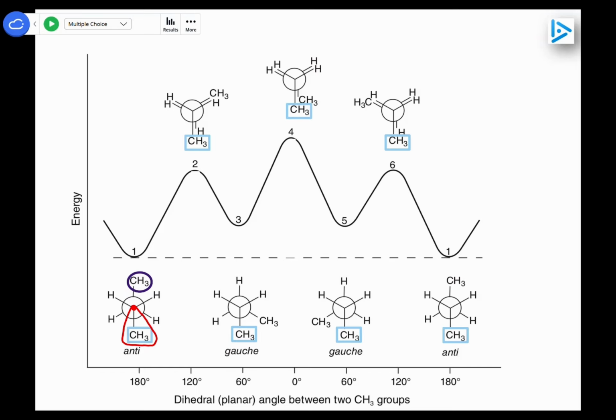So that front carbon has its methyl group pointing down, and the back carbon has its methyl group pointing up. Is this one staggered or eclipsed? Hands up for staggered. Excellent. It is staggered for sure.